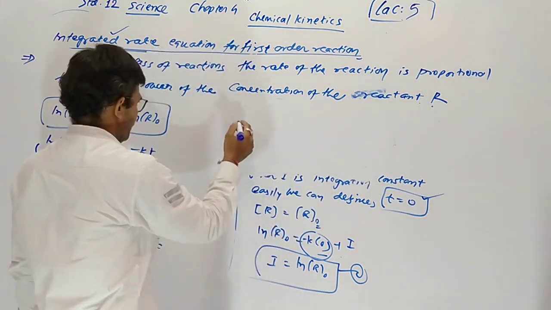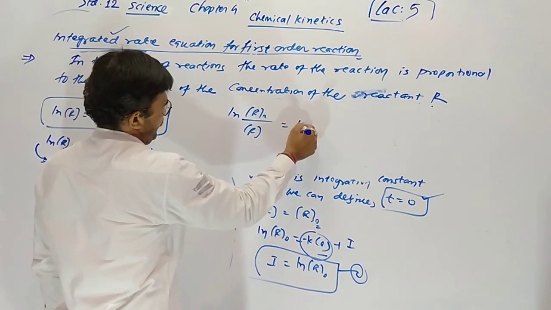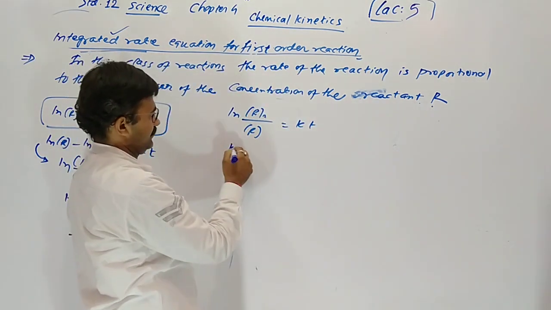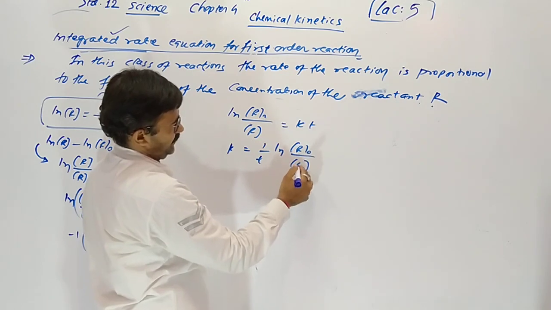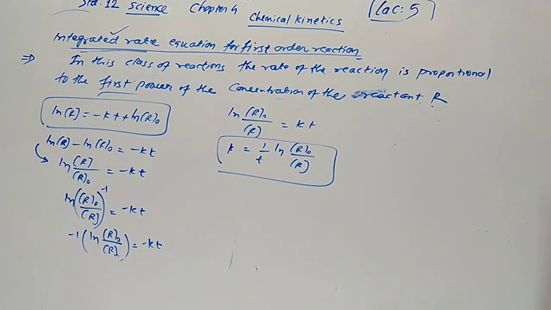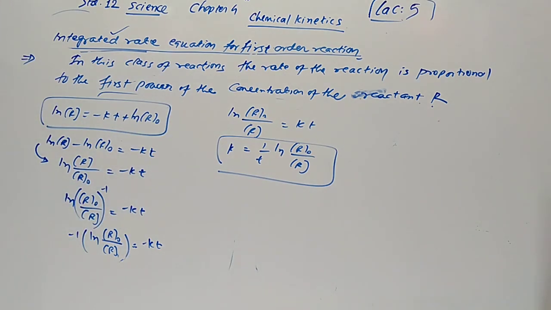So ln R0 upon R equals kt. So k is equal to 1 upon t ln R0 upon R. This is our rate constant, the integrated rate equation of the first order reaction.